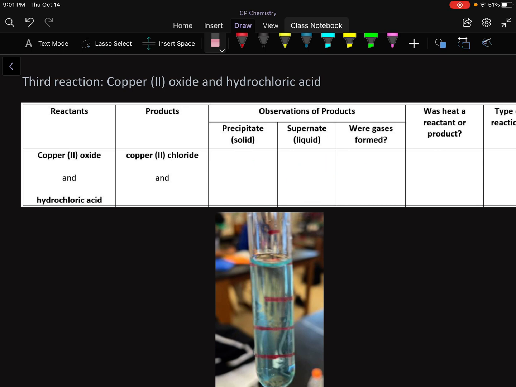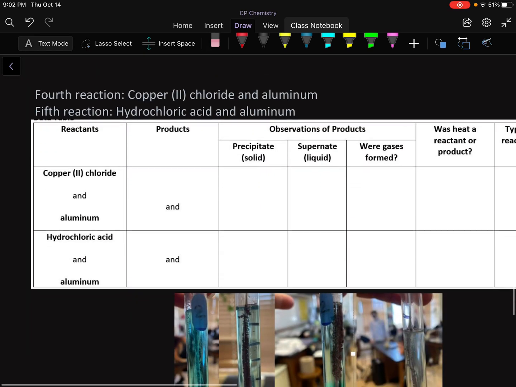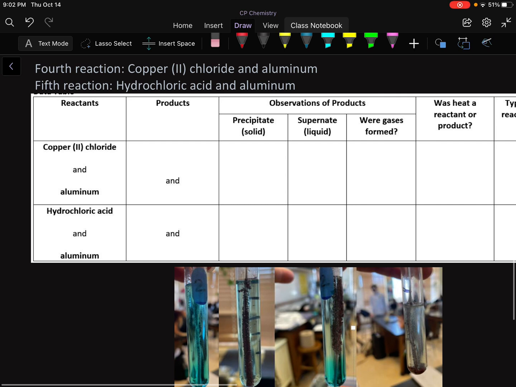And then the fourth and fifth were happening at the same time. This is the copper 2 chloride and aluminum, and the hydrochloric acid and aluminum. So when you put the aluminum stick in there, there was copper 2 chloride and hydrochloric acid, and the reactions happened at the same time.